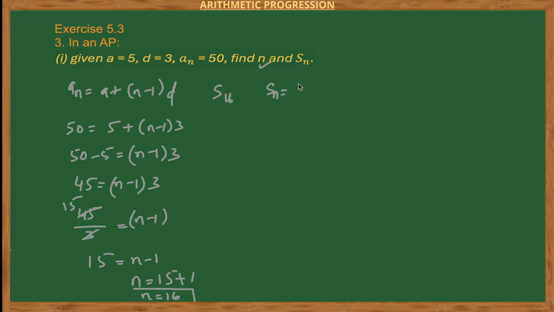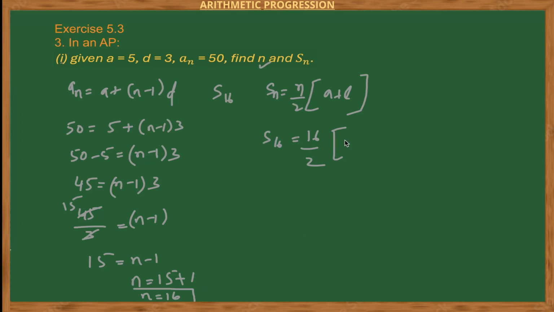Sn is equal to, let's consider this as the last term. An is given as 50, so the last term value is 50. So we can use this formula, n by 2 into (A plus L), when the last term is given. So S16 is equal to n, which is 16, by 2, into (A plus L).